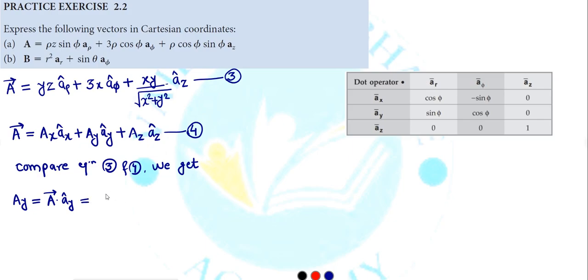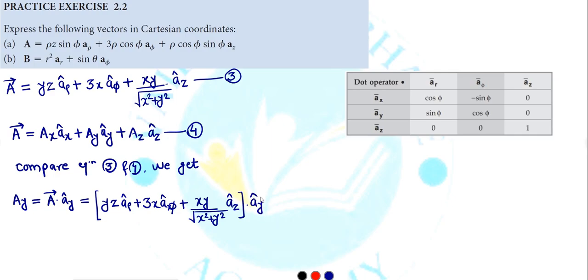So your vector a is what? Which is given to be yz arrow plus 3x a phi plus xy upon square root of x square plus y square az, which is having the dot product with respect to ay.